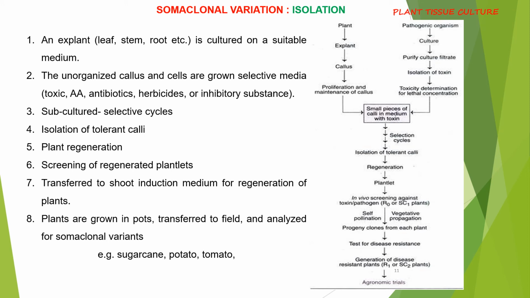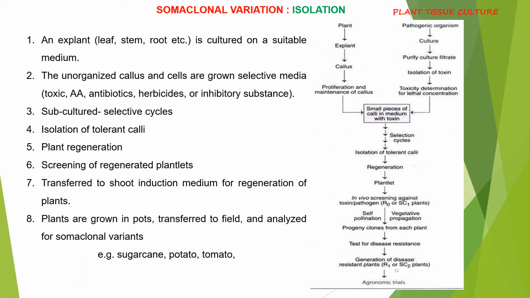The figure on the right shows steps to achieve disease-resistant plants against a particular pathogen. In this, the selection media consists of toxins isolated from a particular pathogen. The calli are screened for these toxins.